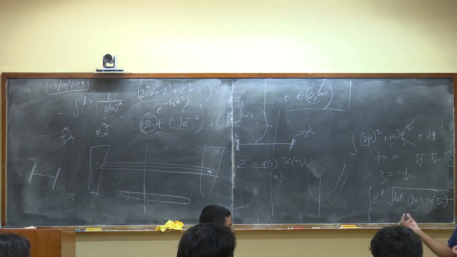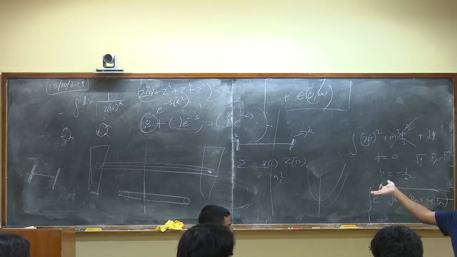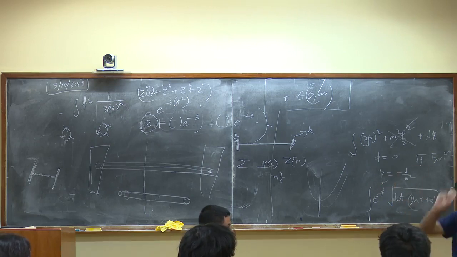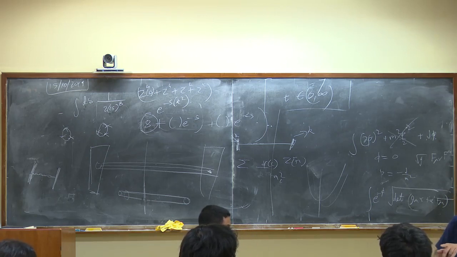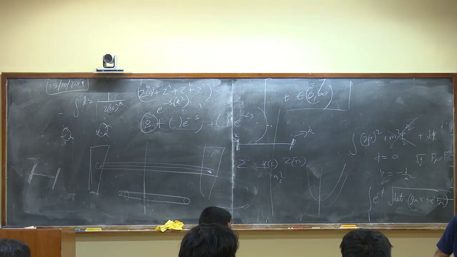Why is it small? It's telling you that the source, while it exists, is order g, because g times 1 by g squared gives you order 1. The point here is that in a normalization in which Newton's constant is g squared, the energy of a D-brane is only 1 by g.